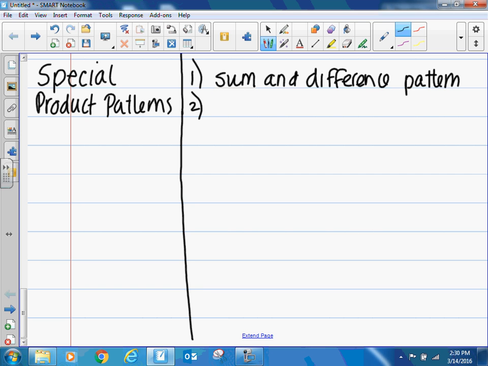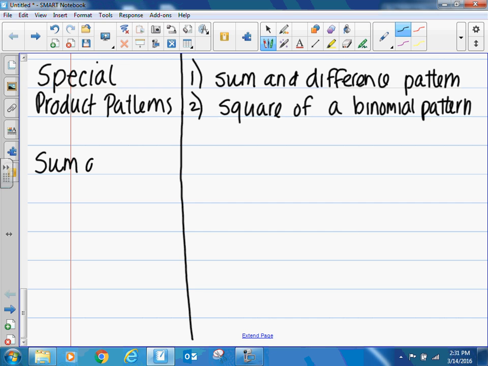And the second one is the square of a binomial pattern. So the first one we're going to look at is the sum and difference.